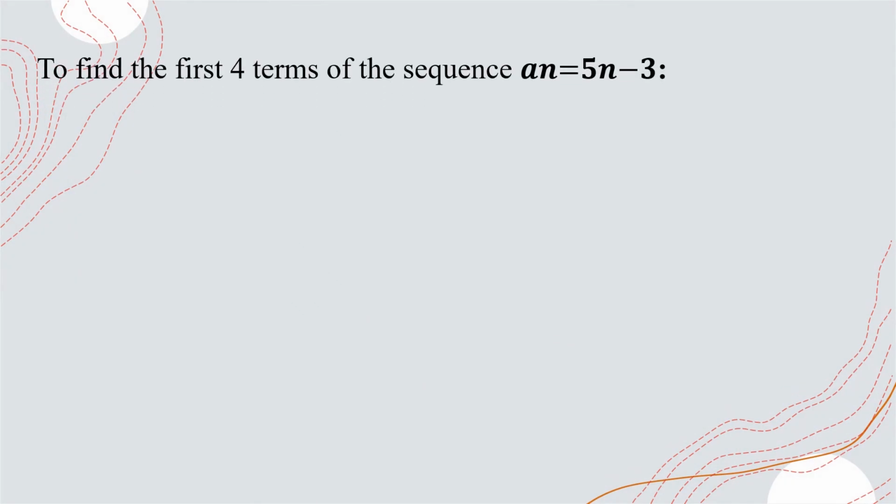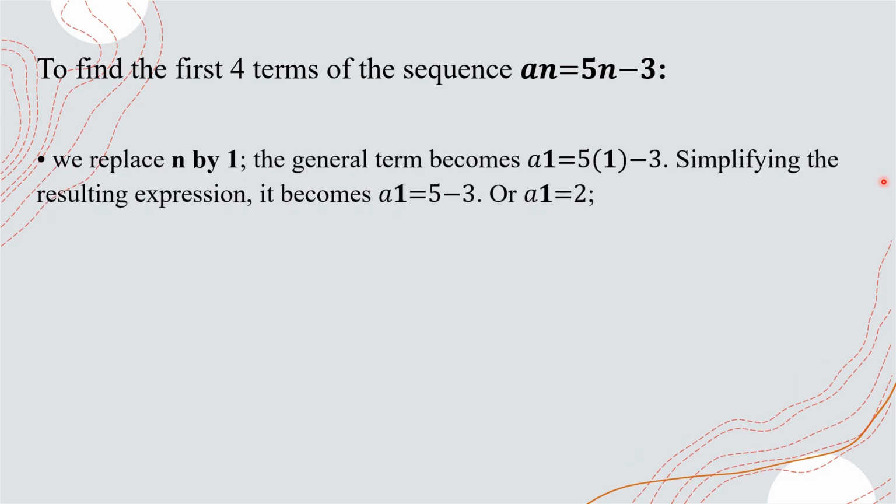Okay, to find the first 4 terms of the sequence a sub n equals 5n minus 3, we replace n by 1. So yung n dito, pinapalitan natin yan ng numbers depende kung pang-ilang term yung gusto nating makita.